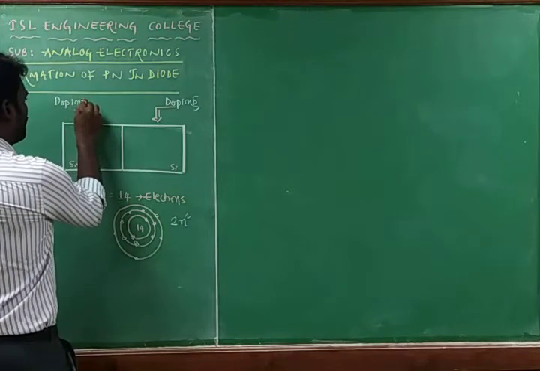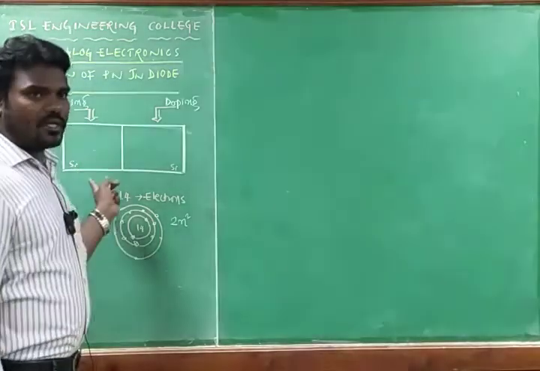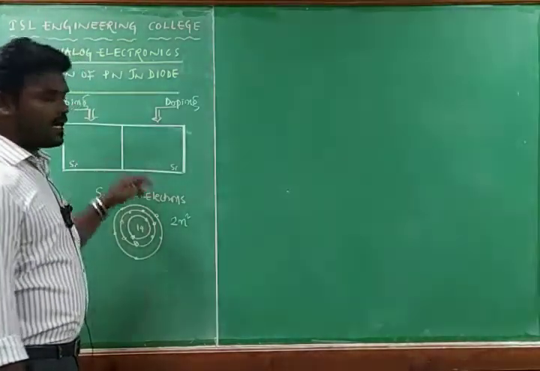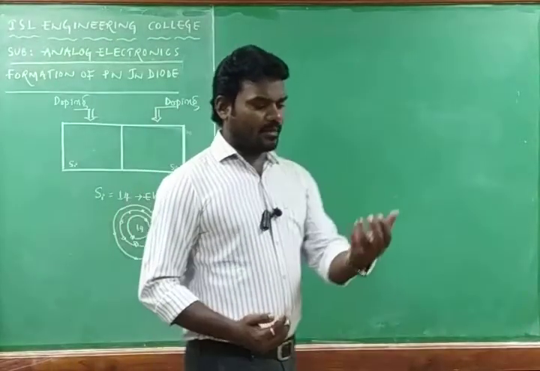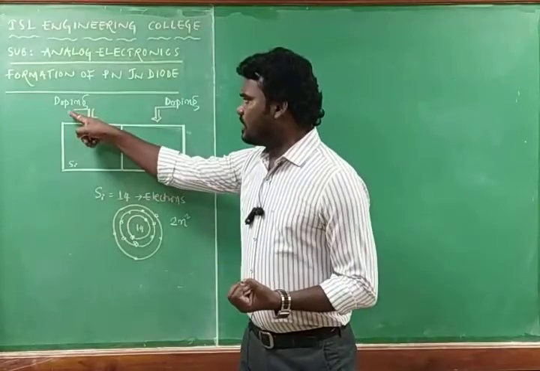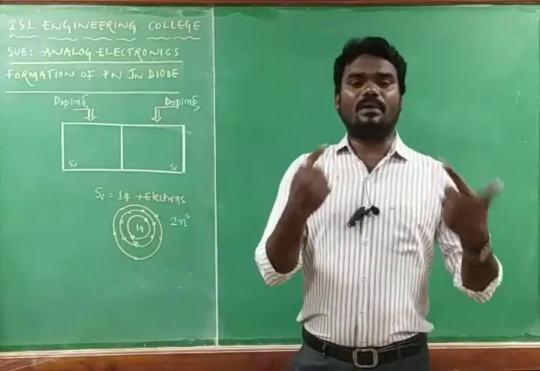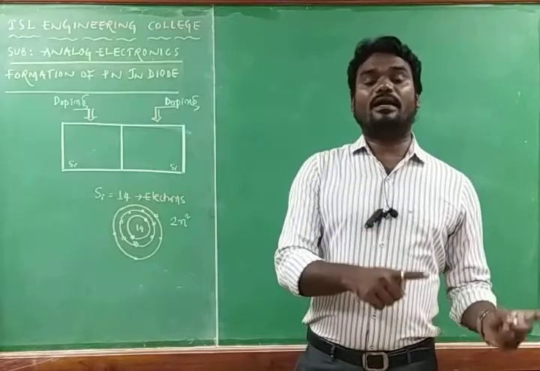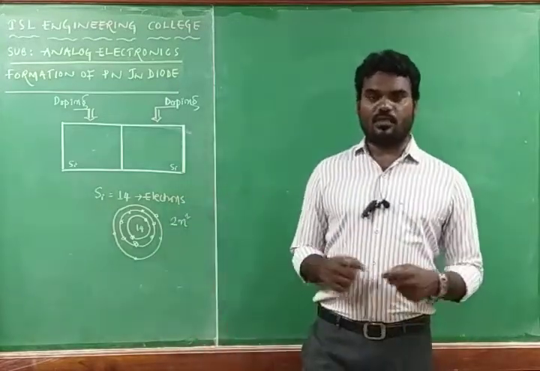Now we are using doping to form either a p-type semiconductor or an n-type semiconductor. By taking the pure semiconductor, that is silicon, and using the doping process, the resultant semiconductor will be either p-type or n-type. You should remember this point.